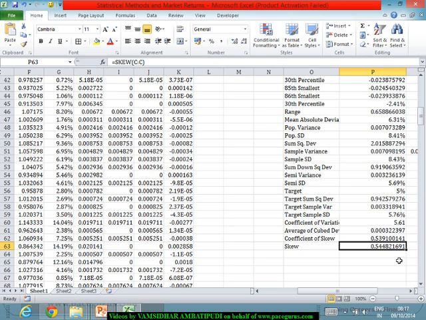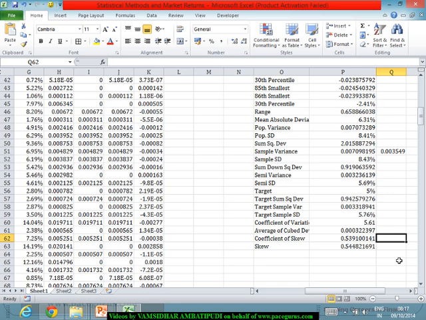Just to understand, instead of 1 by n, if I go with n divided by (n minus 1)(n minus 2), I may get a slightly higher value, and that is what has resulted in this coefficient of skewness. So either way, as n becomes larger, I can approximate it as the average of the cubed deviations divided by the standard deviation cubed.